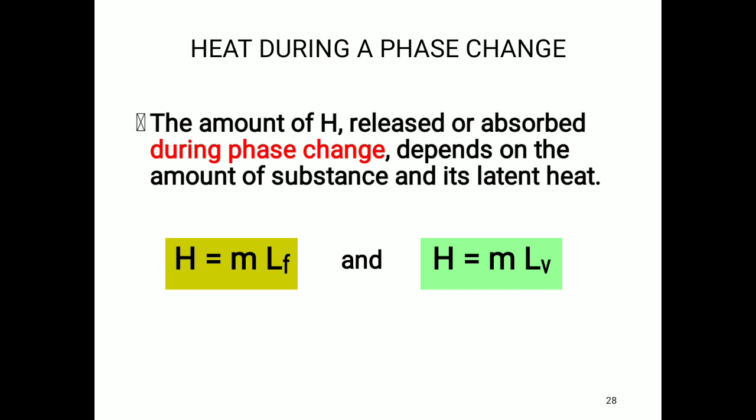If you want to calculate with the latent heat of fusion, then H equals m into Lf, and with the latent heat of vaporization, then H equals m into Lv.